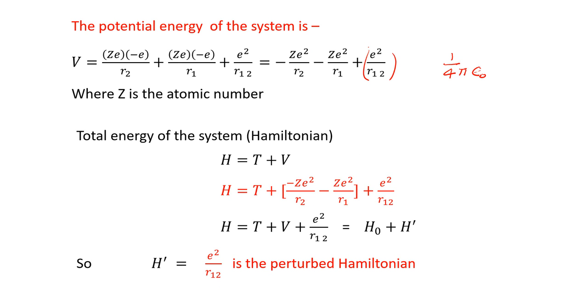The Hamiltonian of the system is H equals kinetic energy plus potential energy plus the interaction energy e squared by r12. This can be written as H naught plus H dash. H naught is called the unperturbed Hamiltonian, and H dash is called the perturbed Hamiltonian.